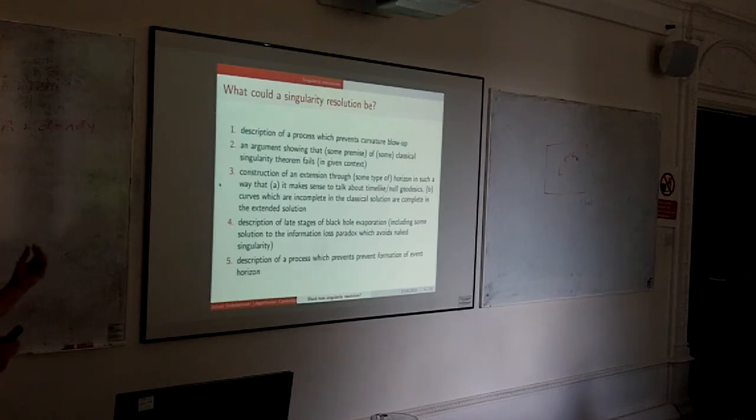If we're left with a naked singularity, then of course we do not have a singularity resolution. And perhaps what singularity resolution could be is just a description of some physical process which prevents formation of some sort of horizon, say event horizon in case of gravitational collapse.